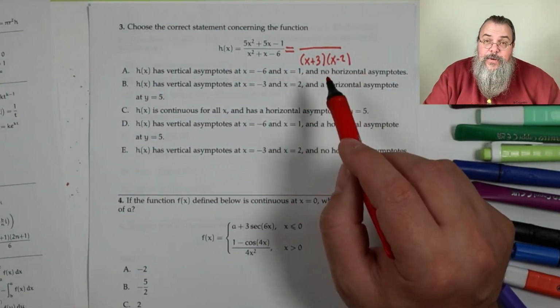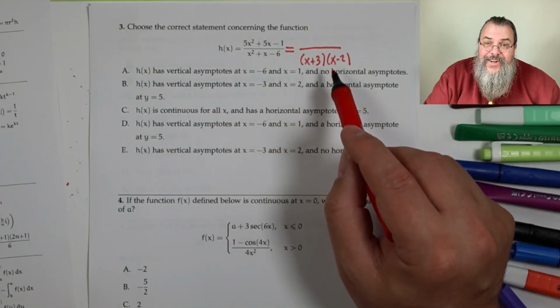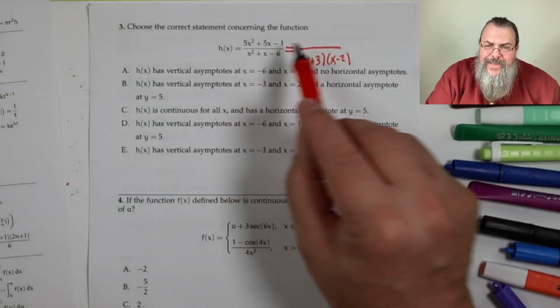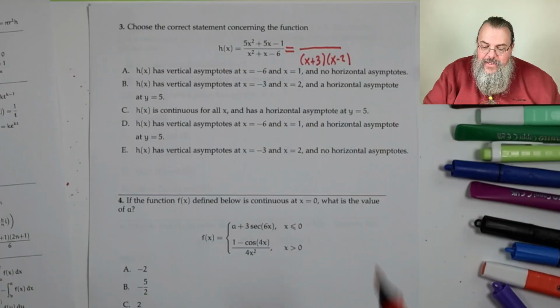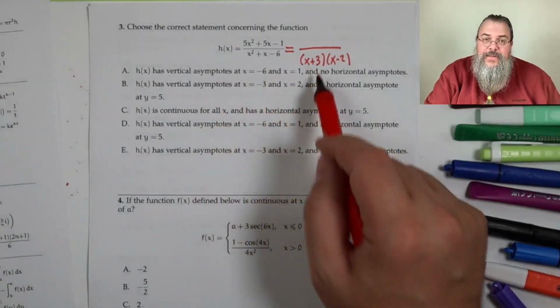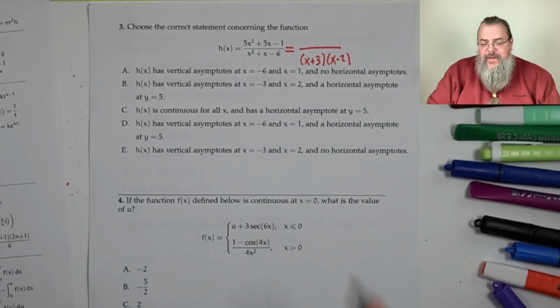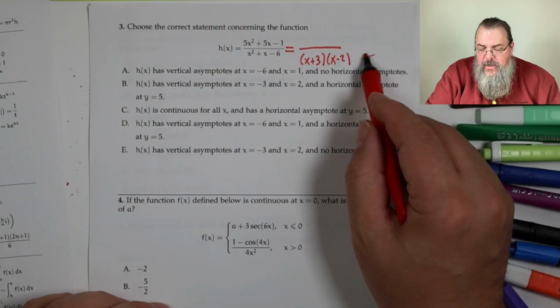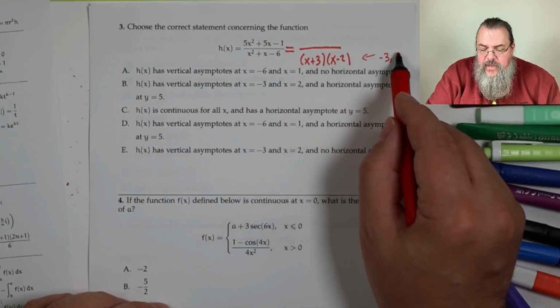Now, does that mean we have asymptotes where we have zeros downstairs? Not necessarily, because they could have done something sneaky, and maybe the top factors and you get cancellation. So the only thing we have to worry about right now is what our potential problem places are: at negative 3 and at positive 2.